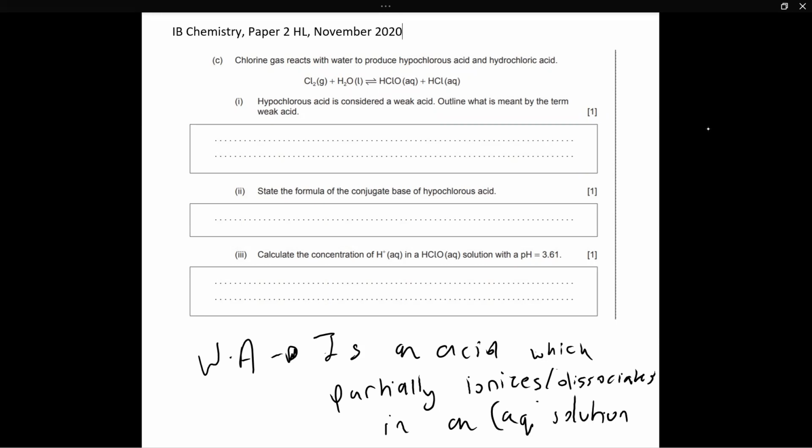So AQ basically stands for aqueous. So they said that weak acid is an acid which partially ionizes or dissociates in an aqueous solution. That is the definition of a weak acid.